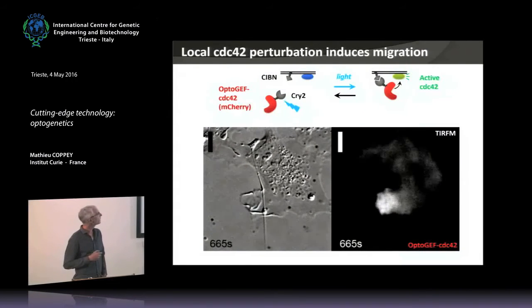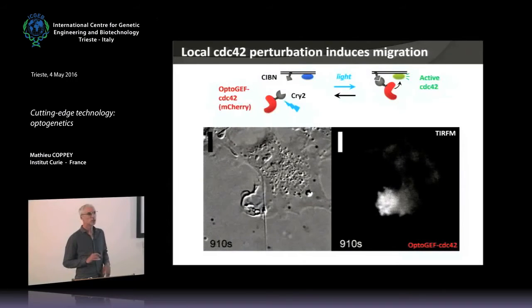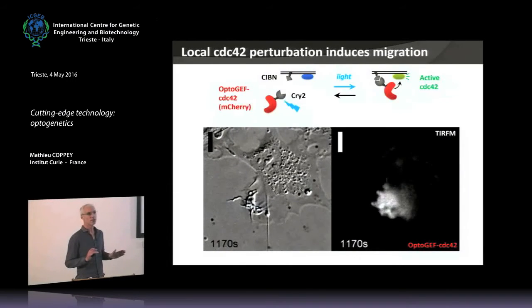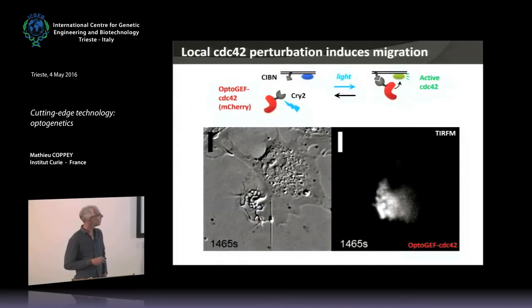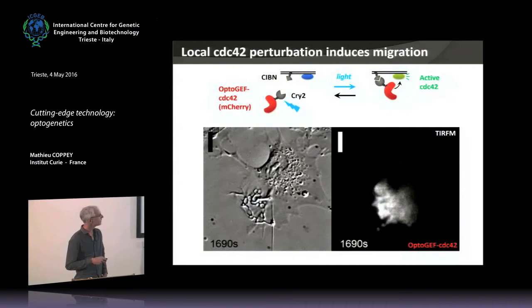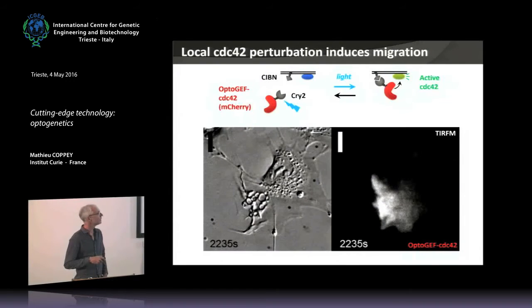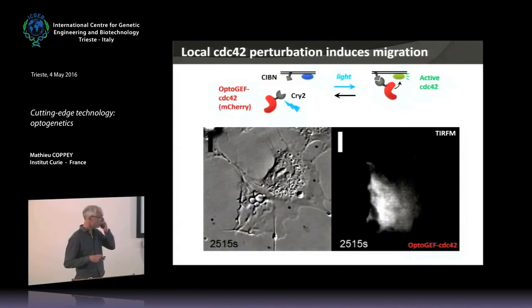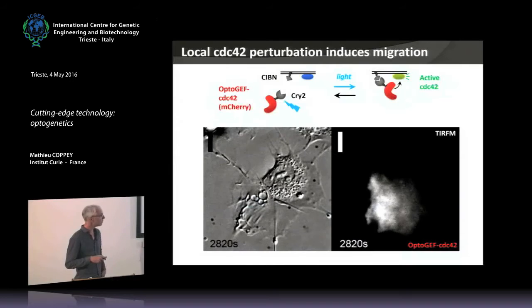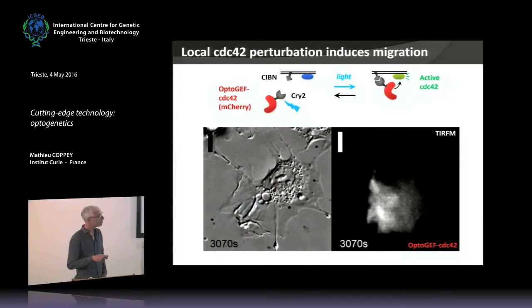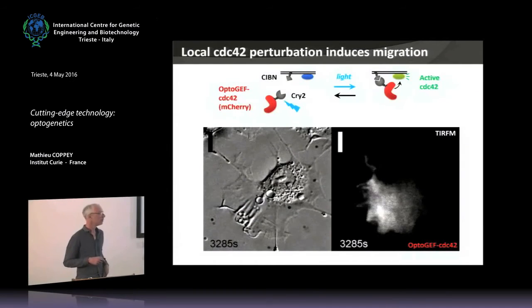CDC42 is making filopodia, but it's also involved in many other processes since it has a lot of crosstalk. What you see here is a fibroblast where you activate CDC42 using this Cry2 CDC42 OptoGEF system. You see the TIRF movie, so you see exactly which kind of gradient you form within the cell.